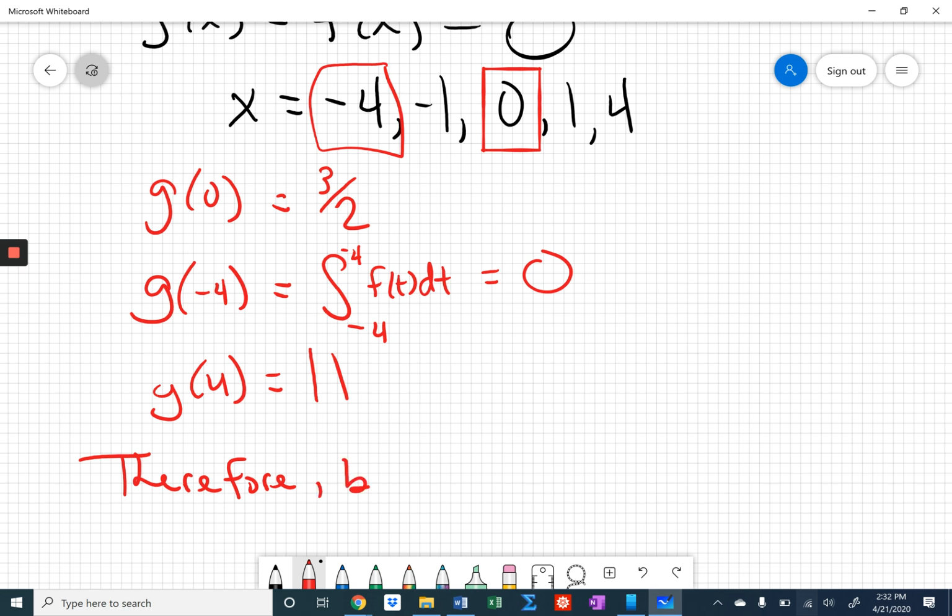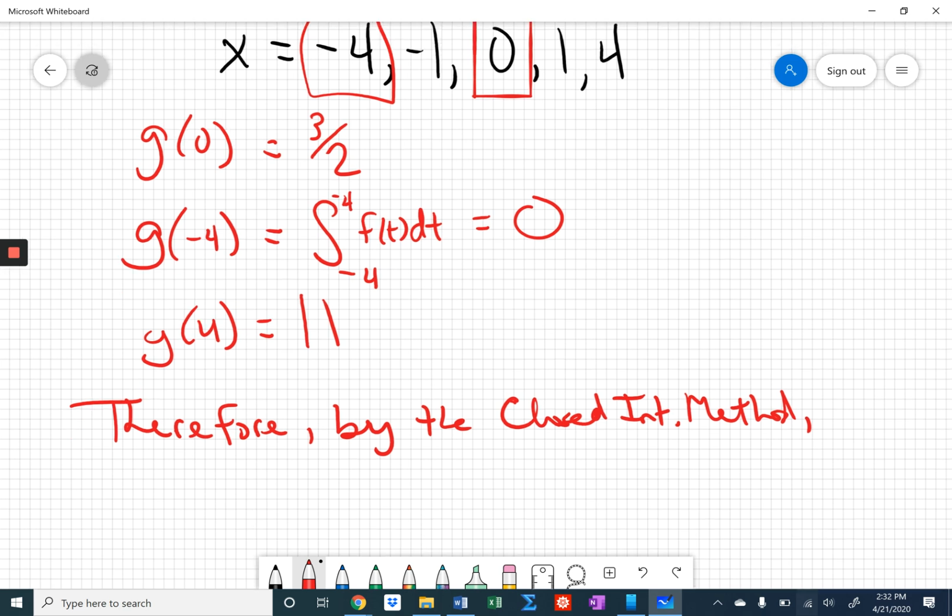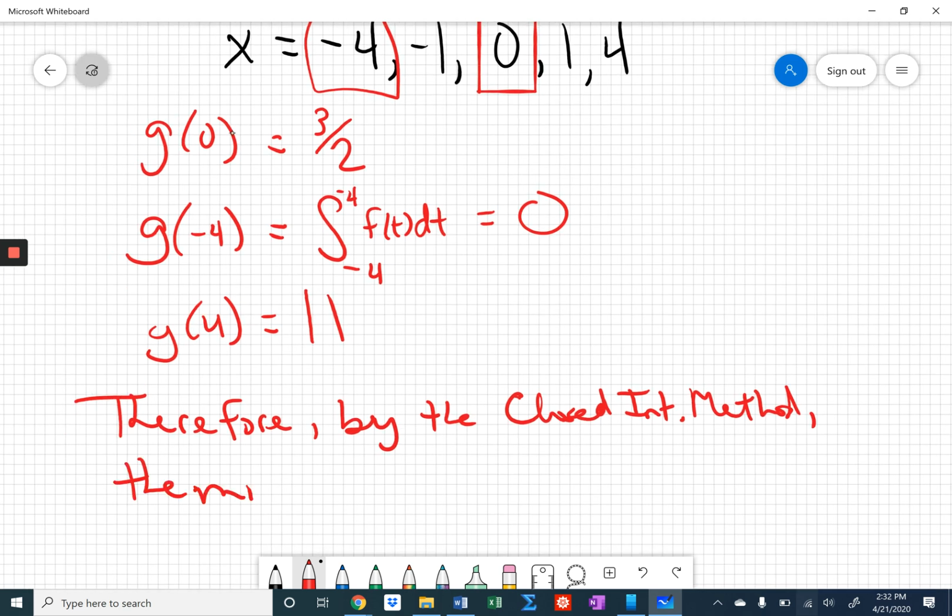Therefore, by the closed interval method, the minimum is 0. The minimum is not -4. It doesn't ask for where the minimum occurs. It asks for what is the minimum. It's the output. Now, it might be safer for you to put G of -4 equals 0.